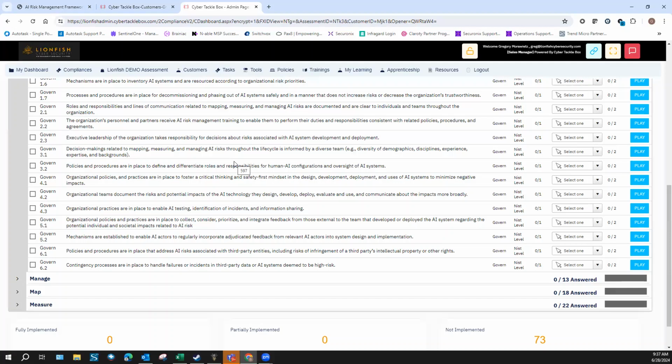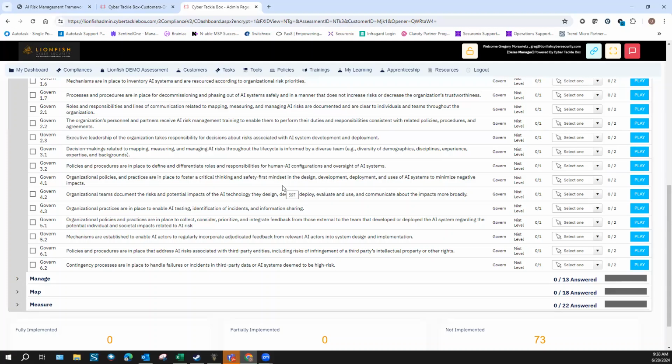Policies and procedures are in place to define and differentiate roles and responsibilities, and for human-AI configurations and oversight of AI systems. Using the Lionfish platform, you can accomplish that. It's not all going to be on the Lionfish platform, but you can leverage the ability to create tasks, have roles and responsibilities, and have policies and procedures in place.